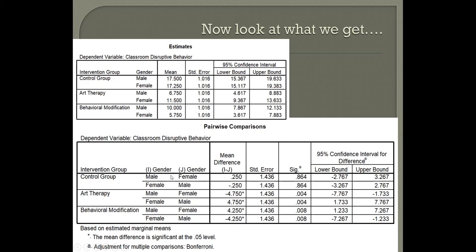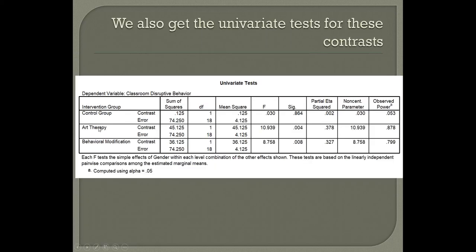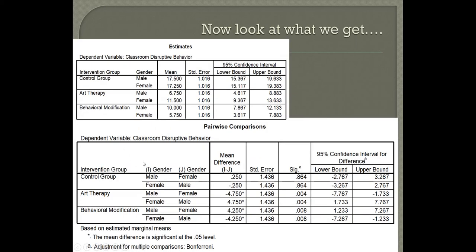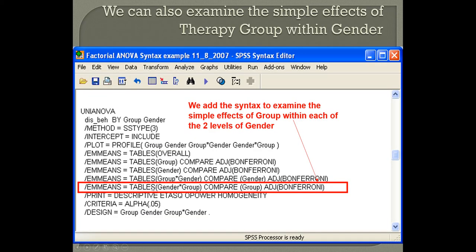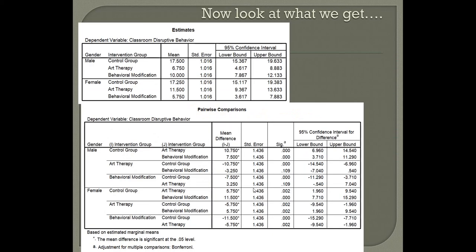But if it had more than 2 levels, we might see a difference because this would be the main effect, where this would actually be the pairwise comparisons within the levels of the other independent variable. If we wanted to look at it the other way, like I said, we can just add this bit of code that said compare and then put in parentheses group instead of gender, and we would get the output looking at it the other way.